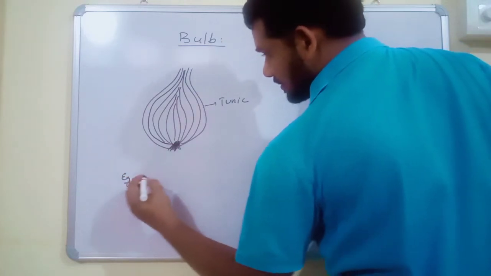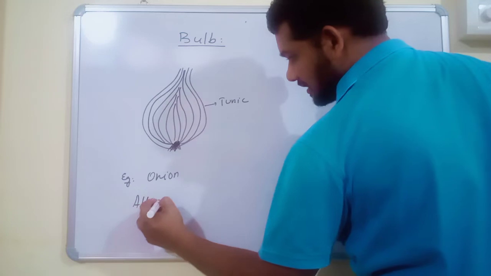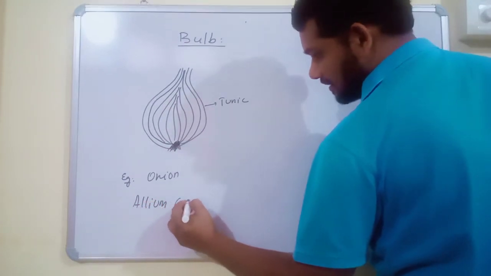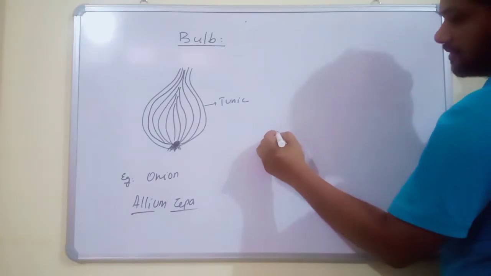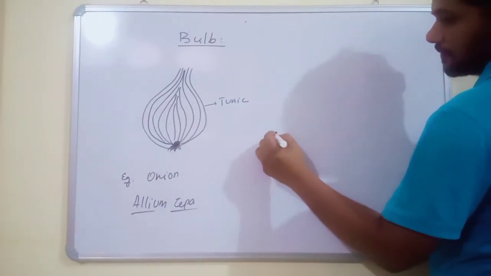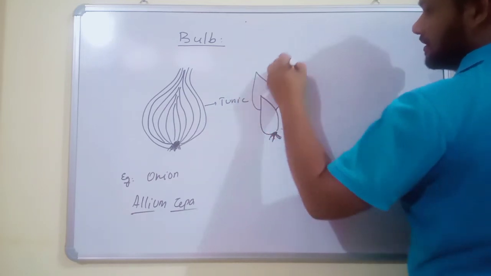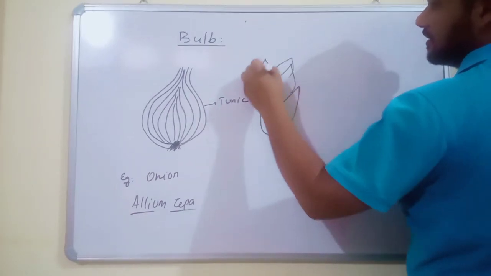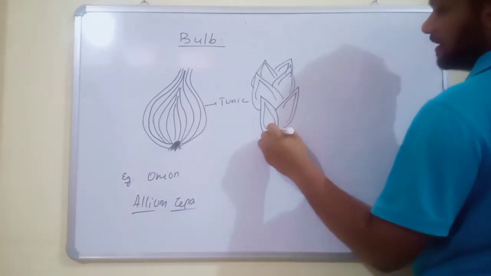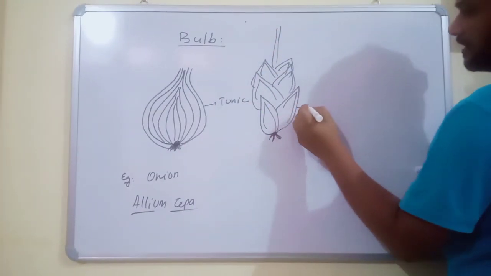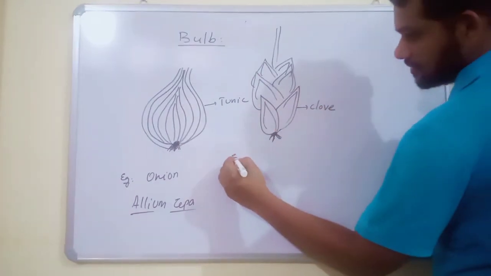This is onion. The scientific name of onion is Allium cepa. And one more example is garlic. If you observe garlic, there are many fleshy scale leaves, all concentrically arranged, and each fleshy scale leaf is also protected by one more tunic, and this type of fleshy scale leaves are called cloves.